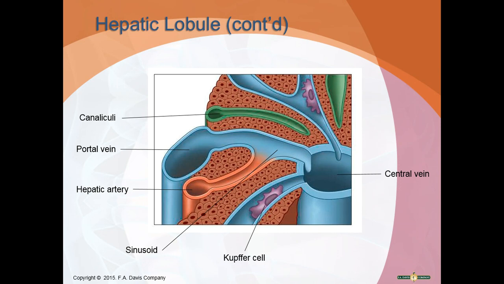Phagocytic cells, called Kupffer cells, you can see that one's hiding in here, and here's one up here, remove bacteria and also worn out blood cells and debris from the bloodstream. The central vein carries the processed blood out of the liver. Canaliculi carry the bile secreted by hepatic cells and ultimately drain into the right and left hepatic ducts.